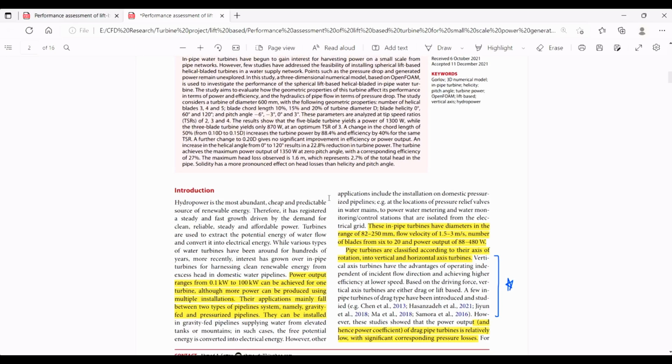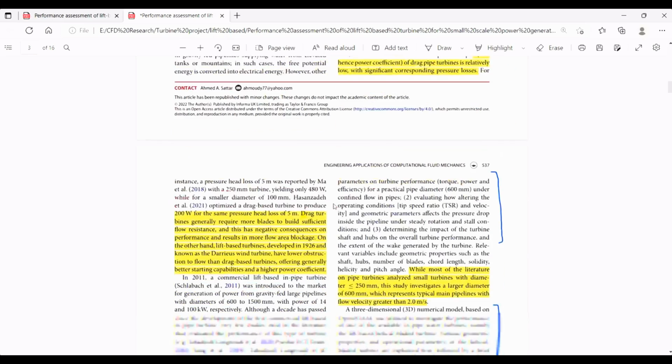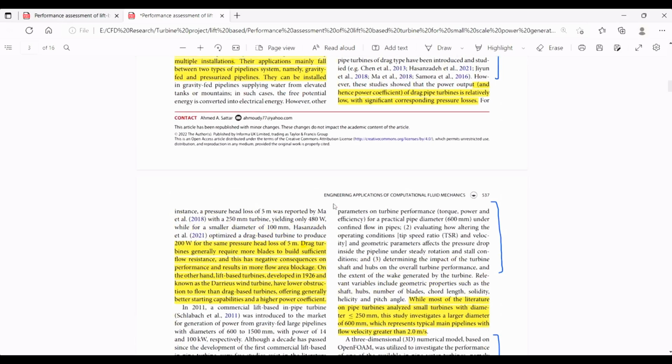And in general the author found that the drag based turbines have various limitations. Particularly they have a lower power coefficient and higher pressure losses associated with the system. Also, the drag based turbines require more blades to have a sufficient buildup of energy to drive the blades. This is due to the higher inertia of the turbines, whereas the lift based turbines can operate really well at lower velocities.